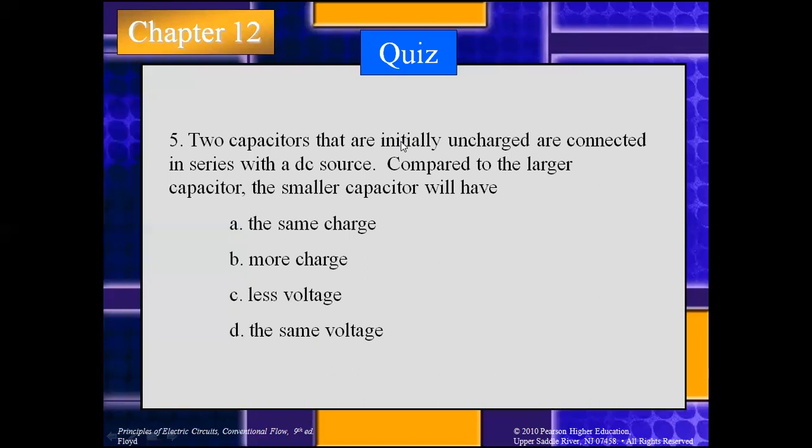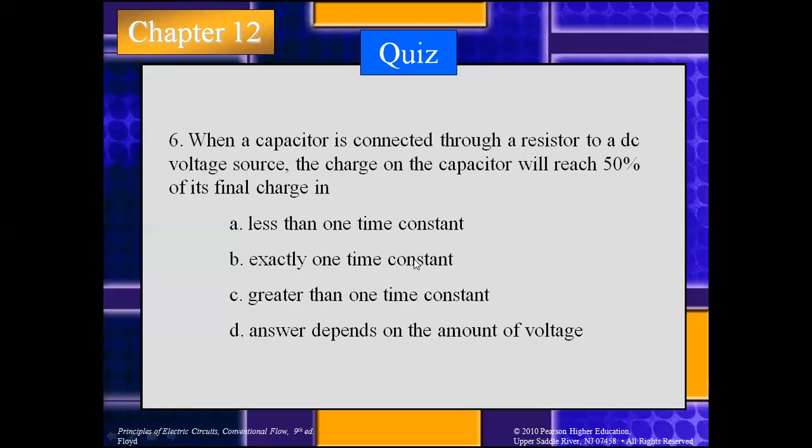Whenever capacitors are in series, the charge on both capacitors will be the same, but the voltage drop is different, and that's why option A is correct. The same charge is there.